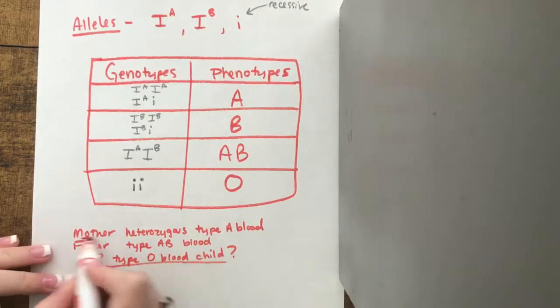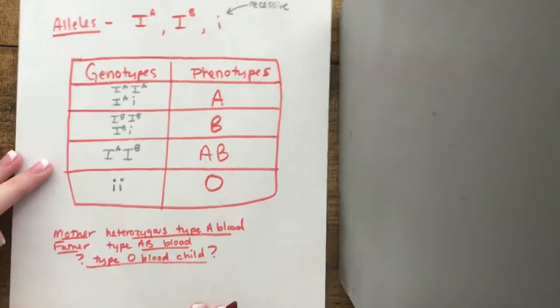So mom is heterozygous type A, dad's type AB. Can they have a type O blood child?